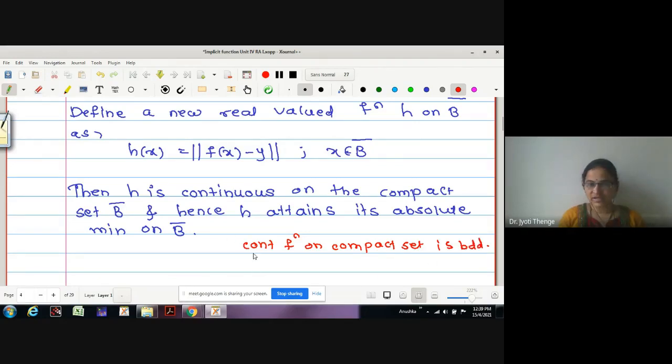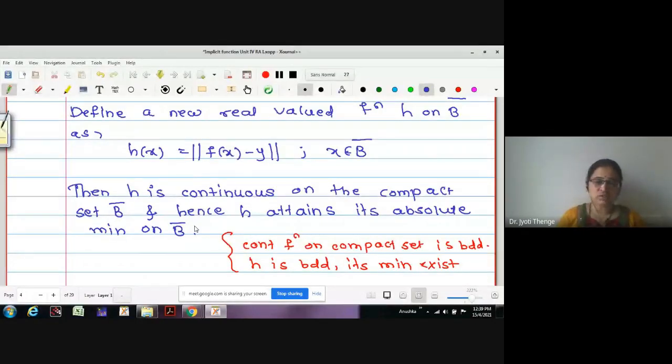Therefore, as h is bounded, its minimum exists, as we have used for g. Now the aim is to show that h attains its minimum somewhere in the open ball B of A, R, not on the boundary.